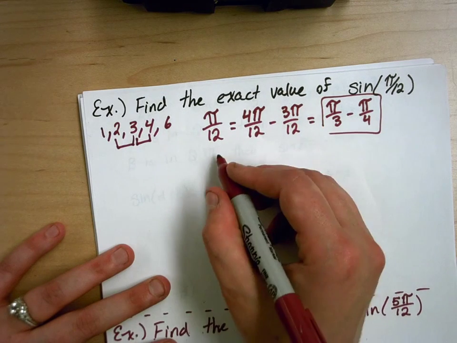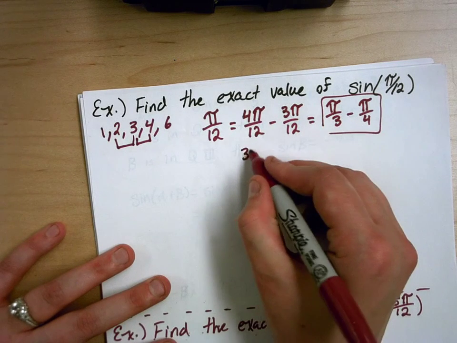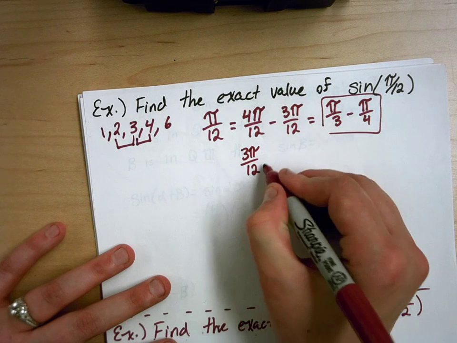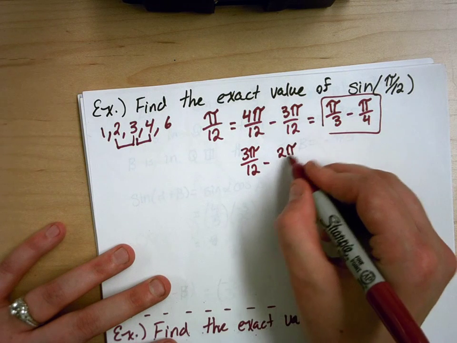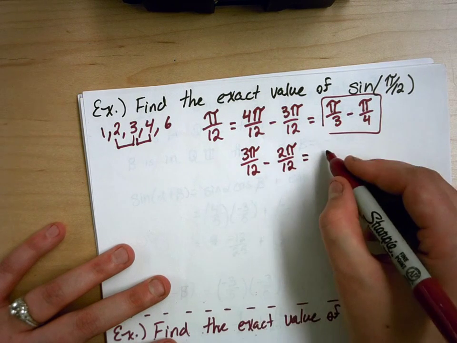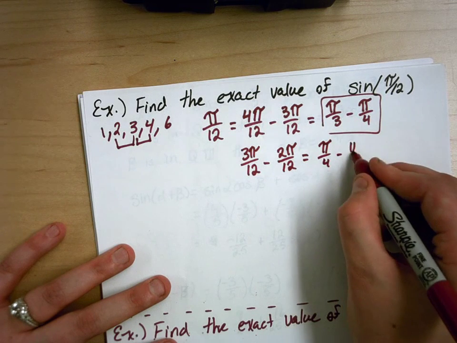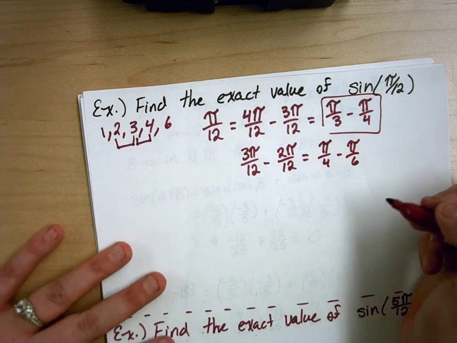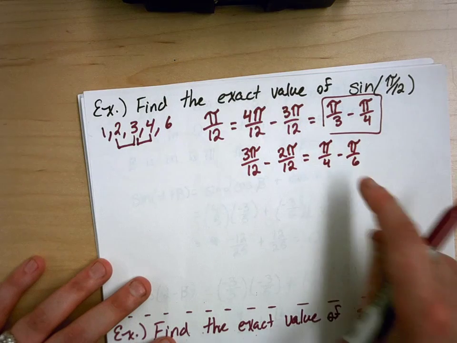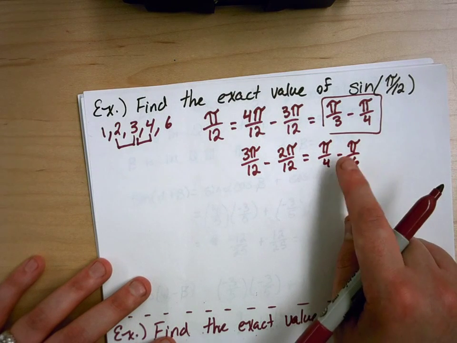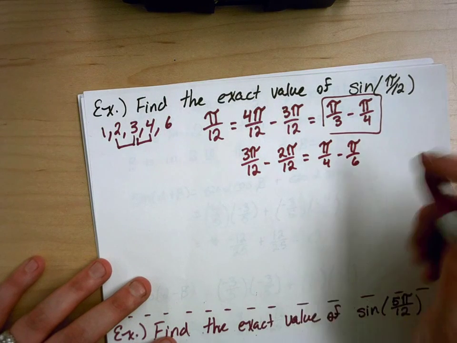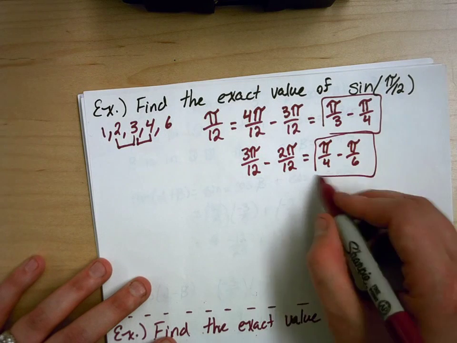So let's do 3 pi over 12 minus 2 pi over 12. And that's going to give me pi over 4 minus pi over 6. Well, I know pi over 4, and I also know pi over 6. So these values also work.